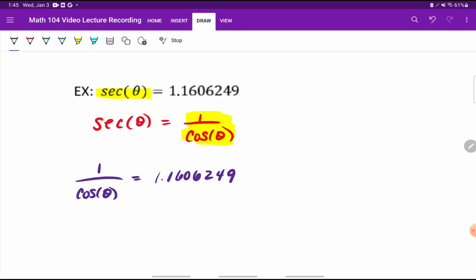We're trying to solve for theta, and just, algebraically, any time the variable you're solving for is located in the denominator, your number one priority is to get it out of the denominator. So we're going to multiply both sides by cosine of theta.